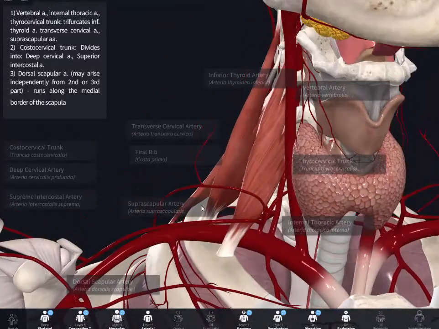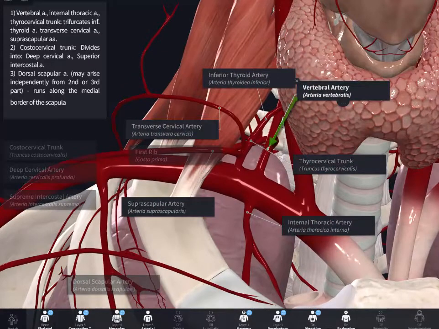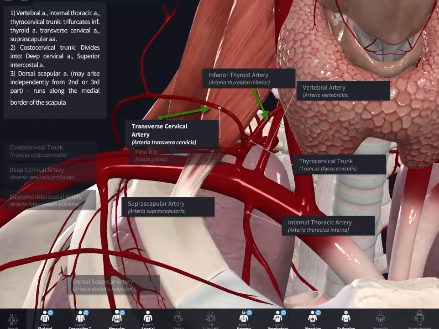Usually the first part of the subclavian artery has 3 branches, and that will be your vertebral artery, your internal thoracic artery, also called the mammary artery, and then this here, which is the thyrocervical trunk. The thyrocervical trunk then trifurcates, as you can see here, into the inferior thyroid artery, the transverse cervical artery, and the suprascapular artery.